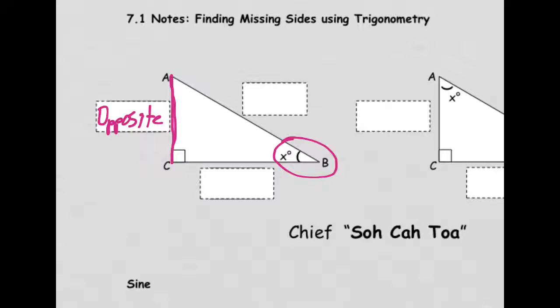And the other leg of my right triangle, the side that actually touches the angle right here, is called adjacent. And finally, the side that always has the same name is the hypotenuse.